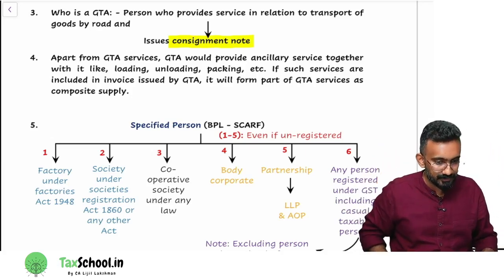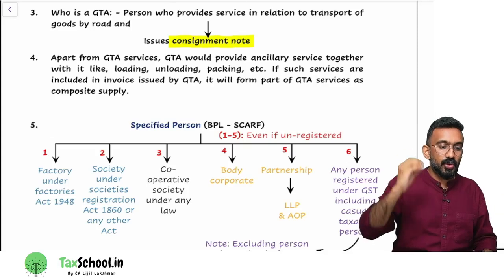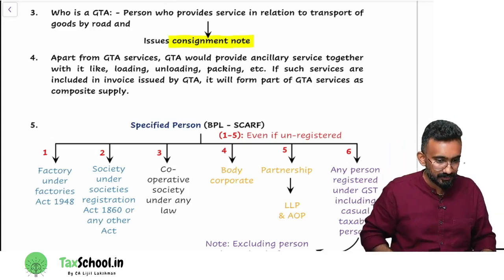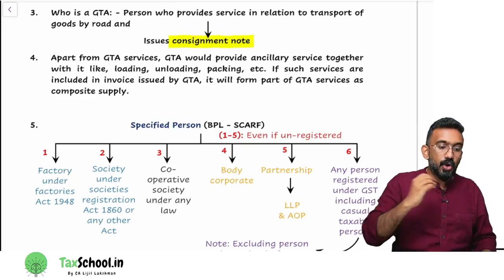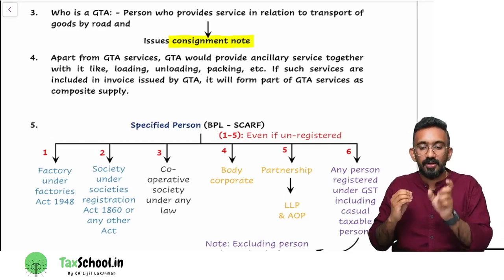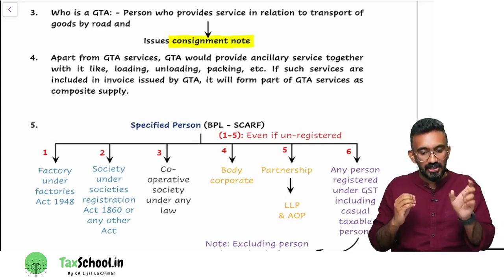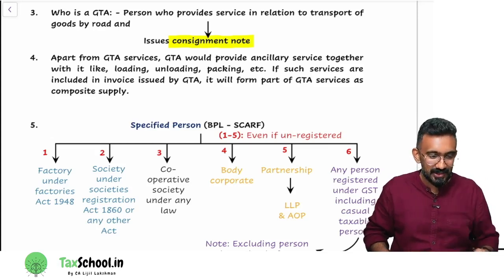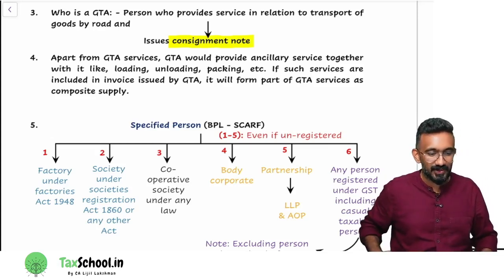So if I'm doing loading, unloading, packing and transportation, all of them together for 10,000 rupees, what will it be considered to be in GST? All of it will be considered as GTA services, Goods Transportation Agency.